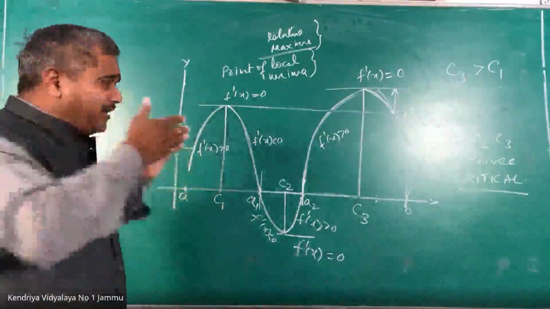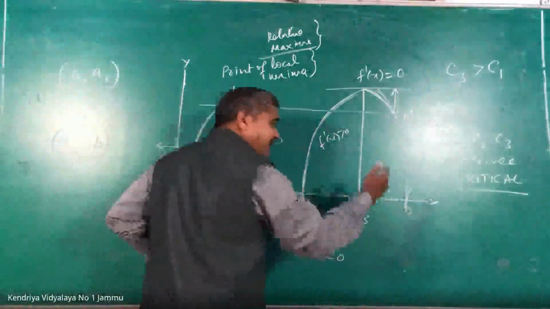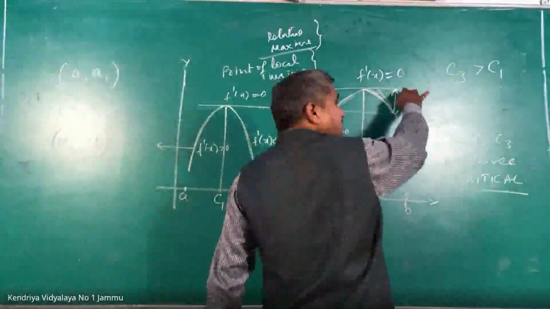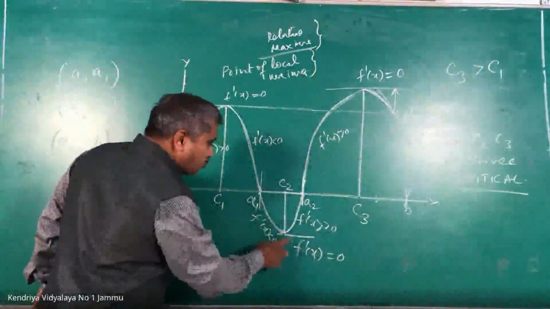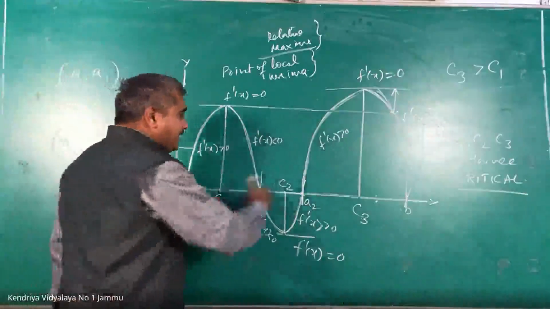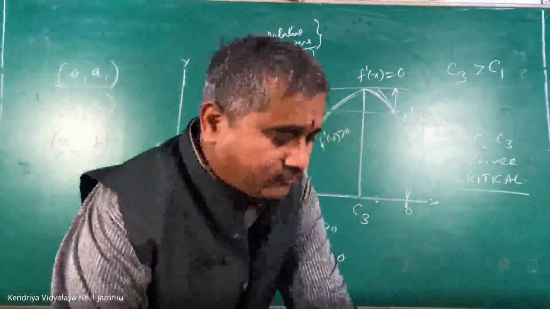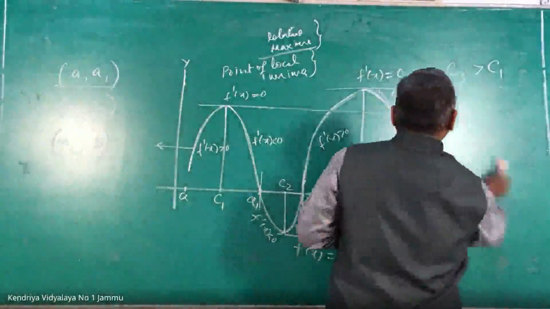Similarly, in the same condition, if I take A to B, the complete interval as one slot, then C3 is the absolute maxima and C2 is the absolute minima because there is no other minimum value in this zone. Suppose I take this curve to a small extension like this, see here, I just take it like this.